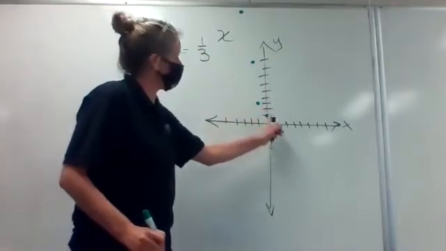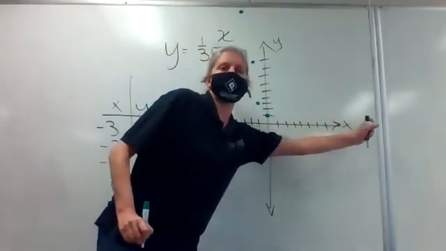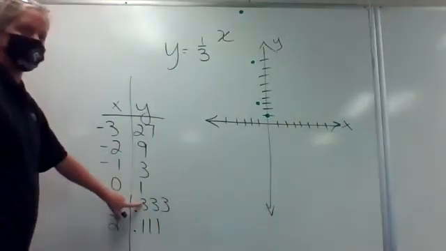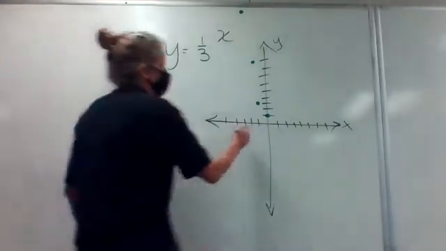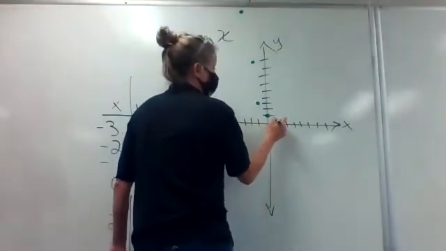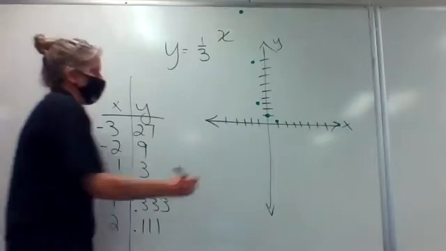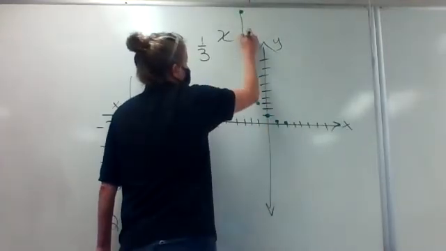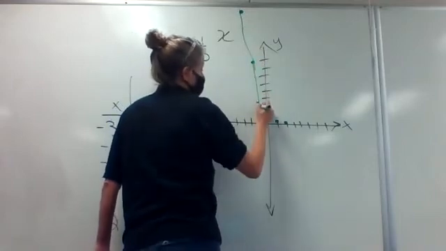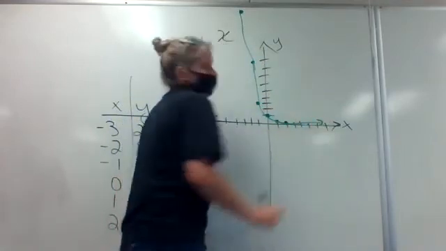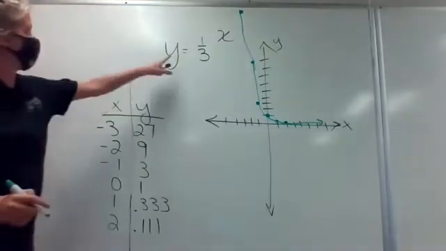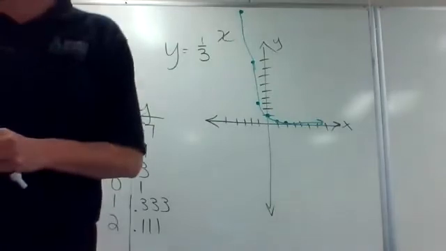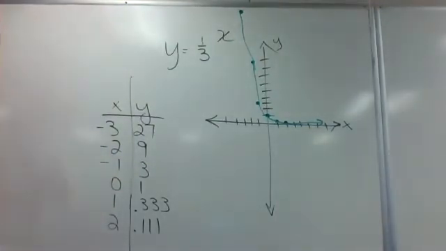And then once it crosses here, now is when it's going to get all the way up next against the x-axis. So to the right 1 and up a third. To the right 2 and barely up at all. So again, that's what happens when the base of the exponential function, the absolute value of it, is less than 1.